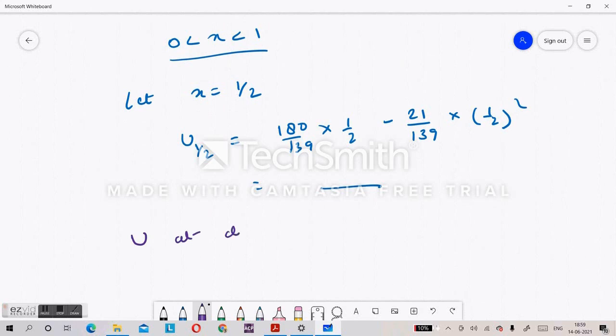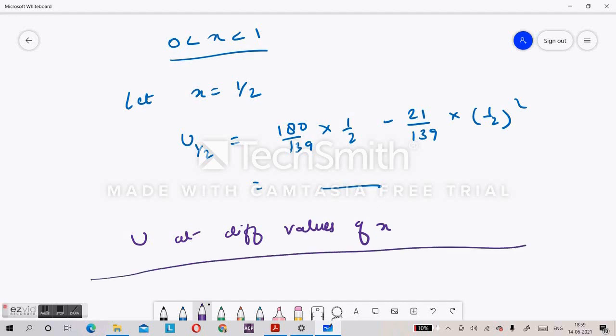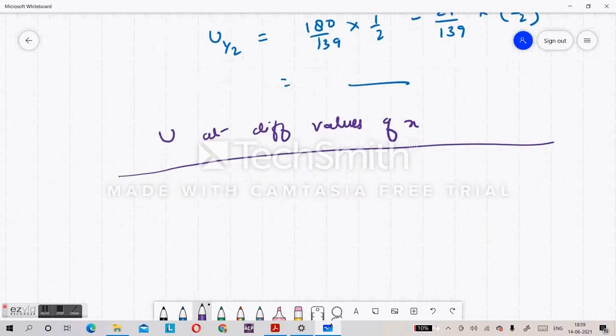So this is our approximate solution at x equals 1 by 2, and if we want, we can easily find it at different values of x.